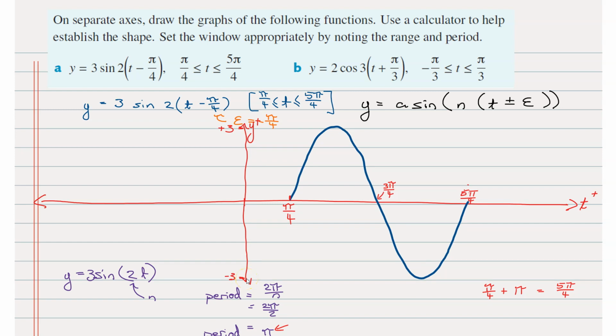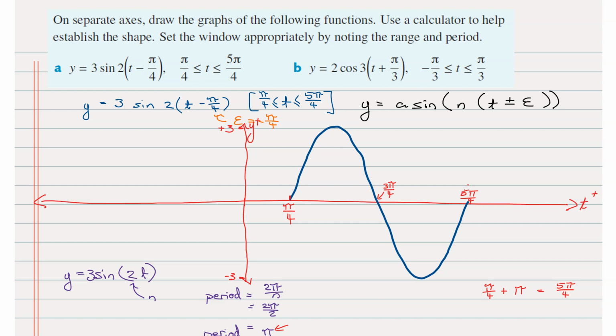Alright, perfect. Now that I've sketched one period of this dilated sine function on these axes, I'm going to go back and have a look at the specified domain in the question. It wanted us to sketch this graph between pi on 4 and 5 pi on 4. And lo and behold, the period itself and the start point is actually pi on 4 and 5 pi on 4.